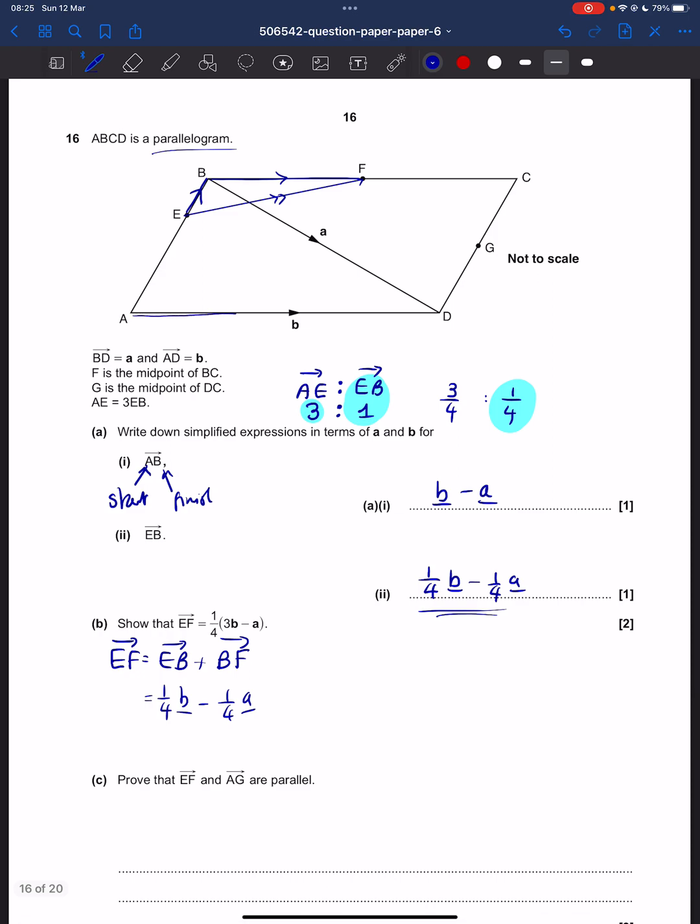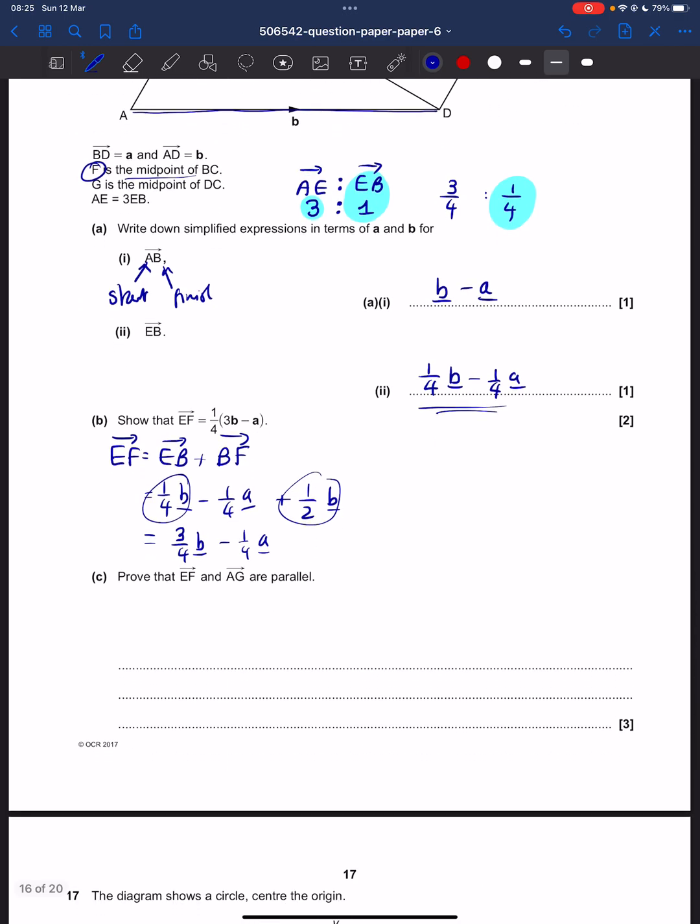So because A to D is b, B to C is also b, and F is the midpoint, B to F is going to be 1/2 b. Okay, so it's plus another 1/2 b. So in the b's we've got 3/4 of a b, we've got 1/4 plus 1/2, minus 1/4 A. And there we are. And that's what we need to show.